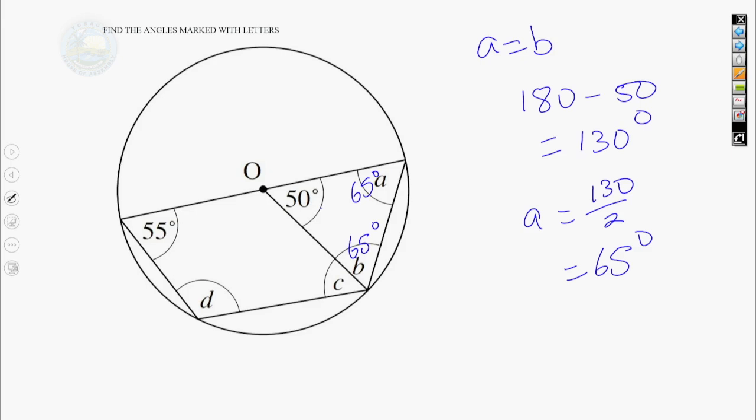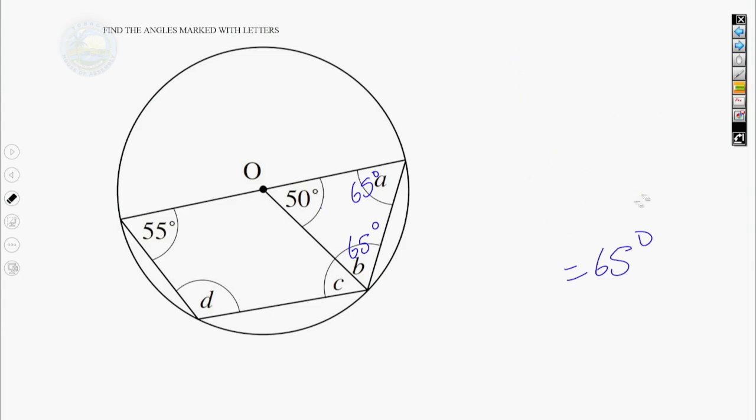Now we have to find C and D. Oh, but how do we find that one? Is there any other shape here that may involve the angles we already have and the angles we want to find? How about this one? A shape with 4 sides, called a quadrilateral.